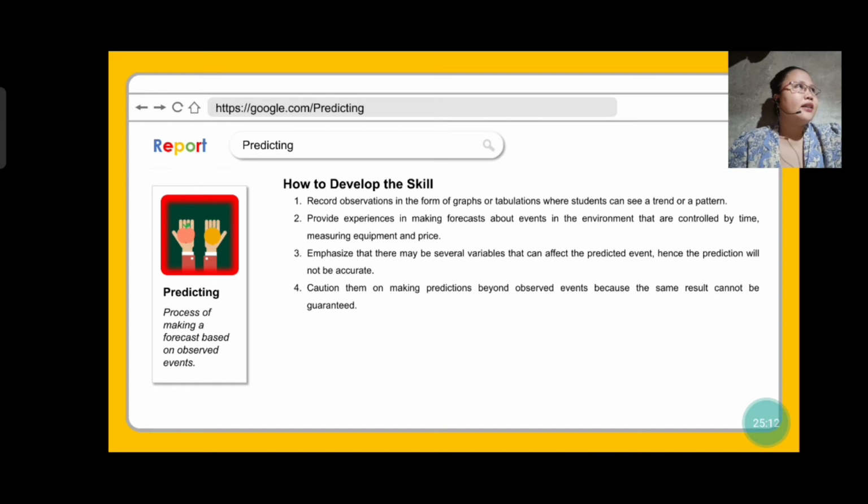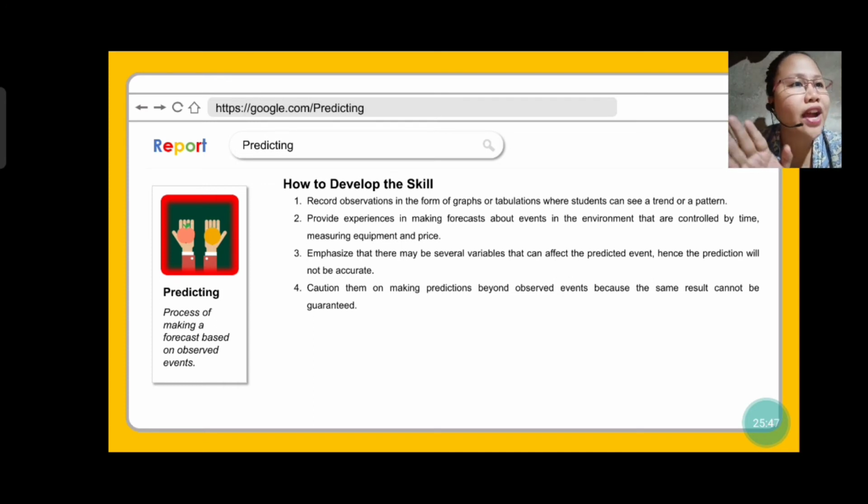They tabulate this tree, the different colors of the leaves, their gathered data based on what they have observed. So they can now see the trend or pattern through recording the observations. They will now predict from the data gathered that they have proven that not all leaves are green.